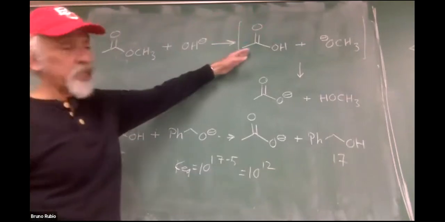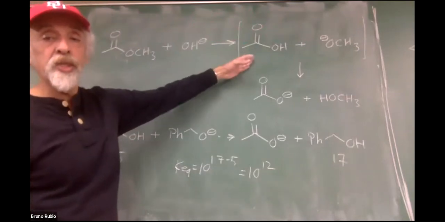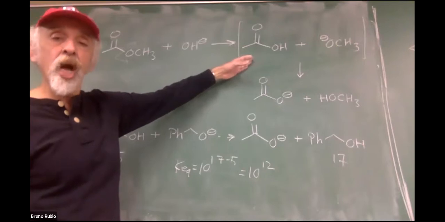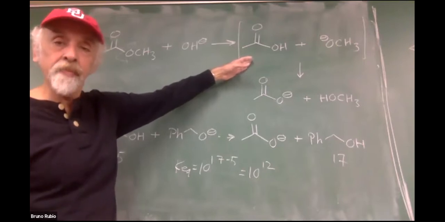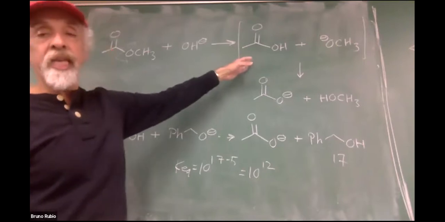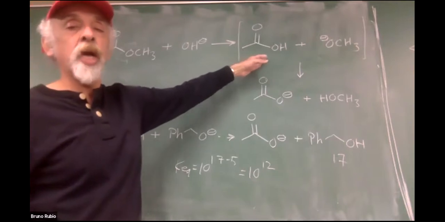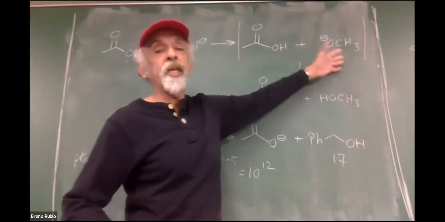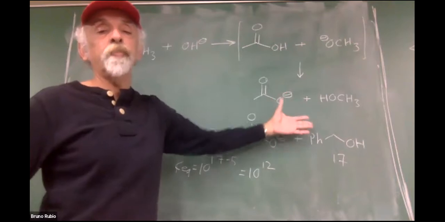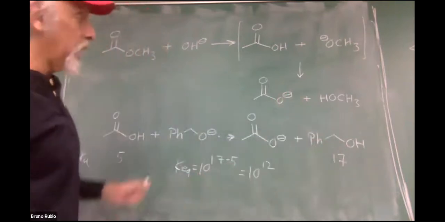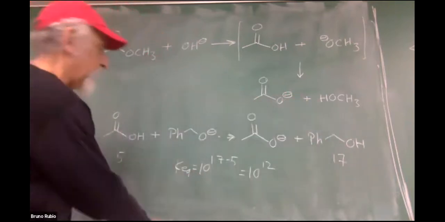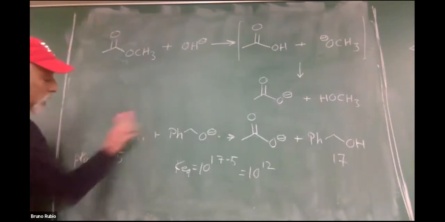It's not the carboxylic acid. The acyl substitution came to a grinding halt, but the reaction didn't come to an end because the acyl substitution created a carboxylic acid and a pretty good base. They traded the proton. They became the carboxylate and the alcohol.